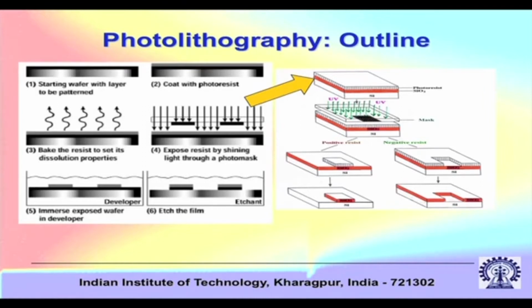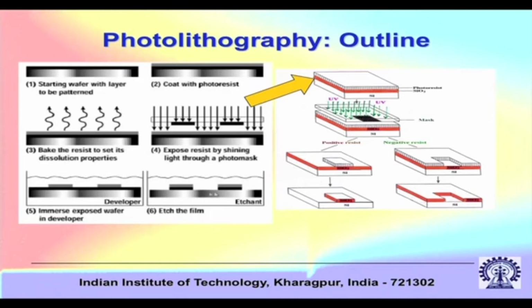We will see what the different types of photoresist are, positive photoresist or negative photoresist. So what you have been successful with is that you have now transferred the pattern from the master, or from the mask, to the substrate. Then you can use an etchant to etch the film.